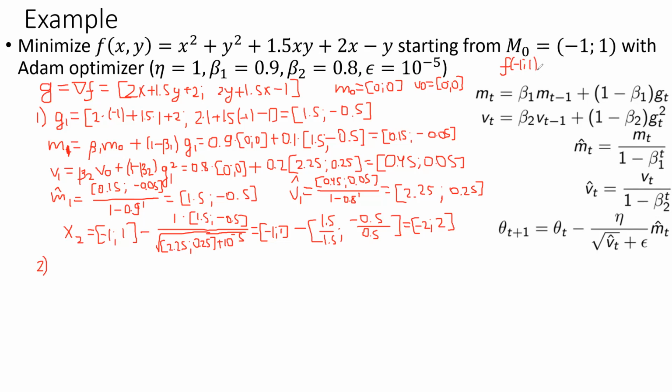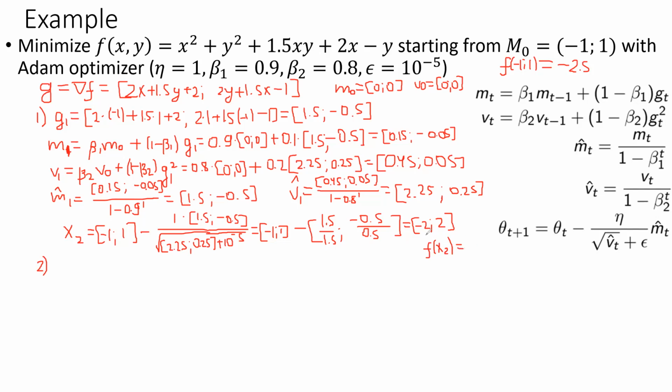We can substitute those values and find that here we have 1 plus 1 minus 1.5, 2 minus 1.5 will be 0.5, then minus 2 will be negative 1.5, and minus 1 is negative 2.5. So what is the value of f at our x2?